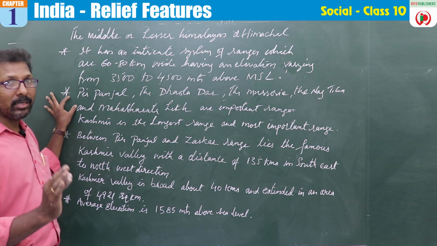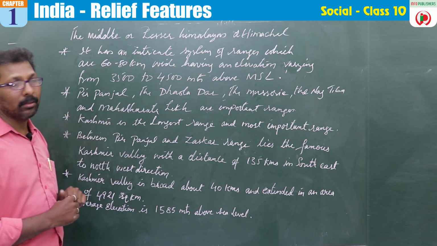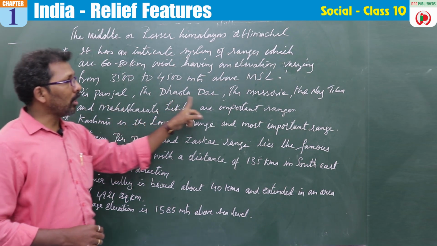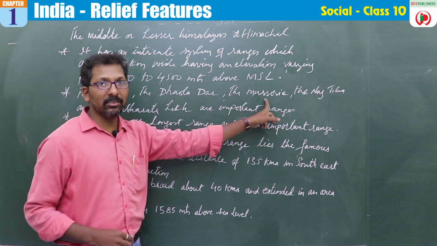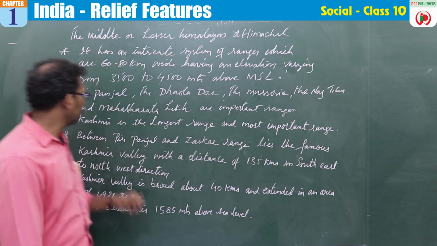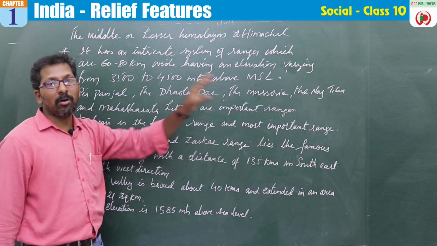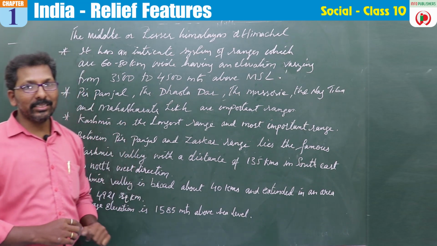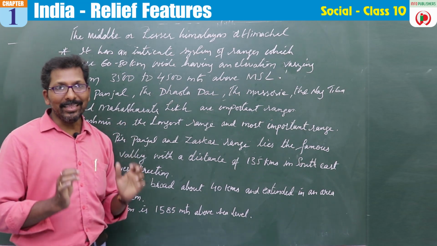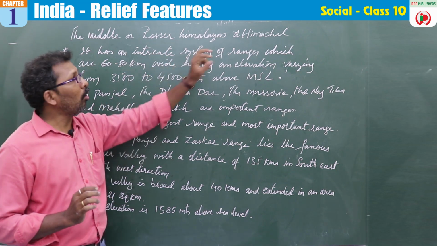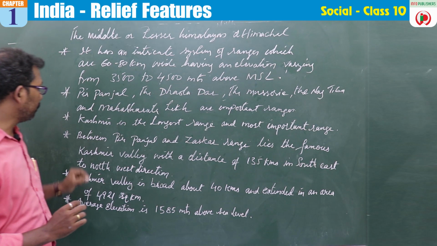Then what are the important ranges present in the Himachal? The Pir Panjal ranges, the Dhauladhar ranges, the Mussoorie ranges, the Nag Tibba ranges, the Mahabharat ranges. These are some of the important ranges we find in the middle or lesser Himalayas or the Himachal.